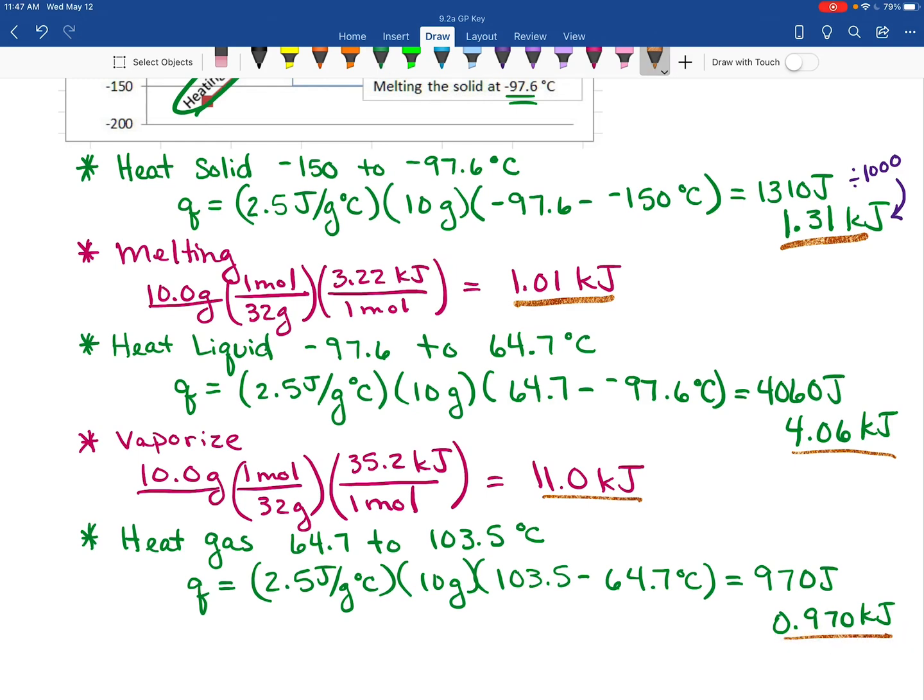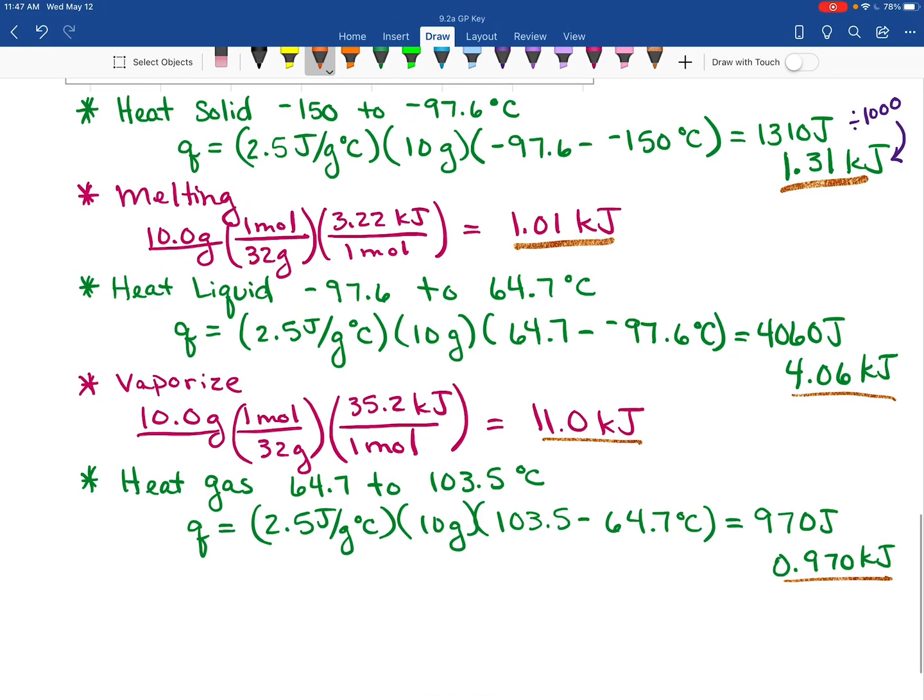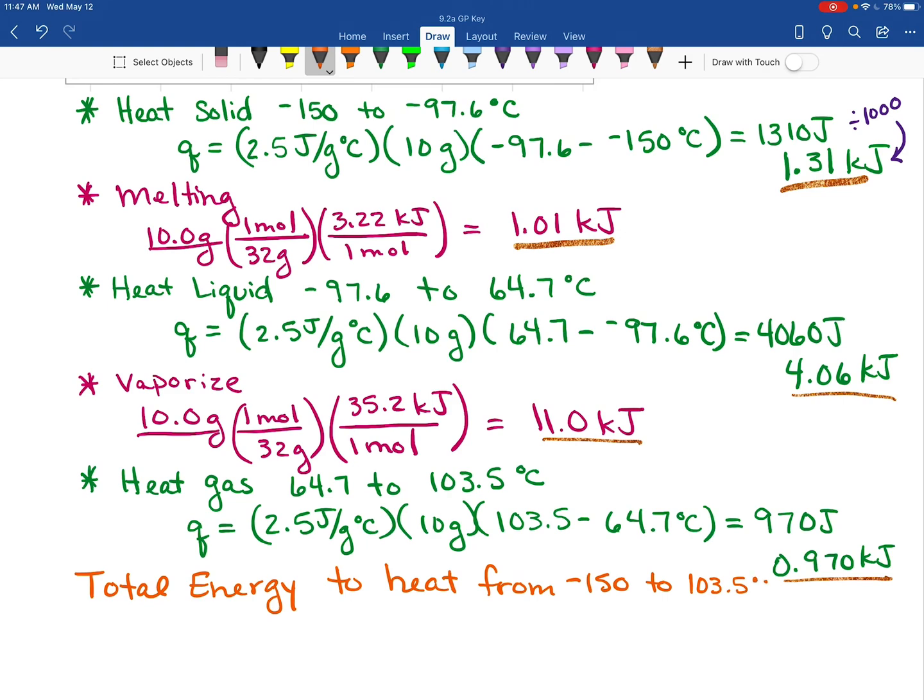Okay, so what we want to do at the end is we want to actually add all of these values up. So total energy to heat from negative 150 to 103.5 degrees Celsius, and we go ahead and add these all up.